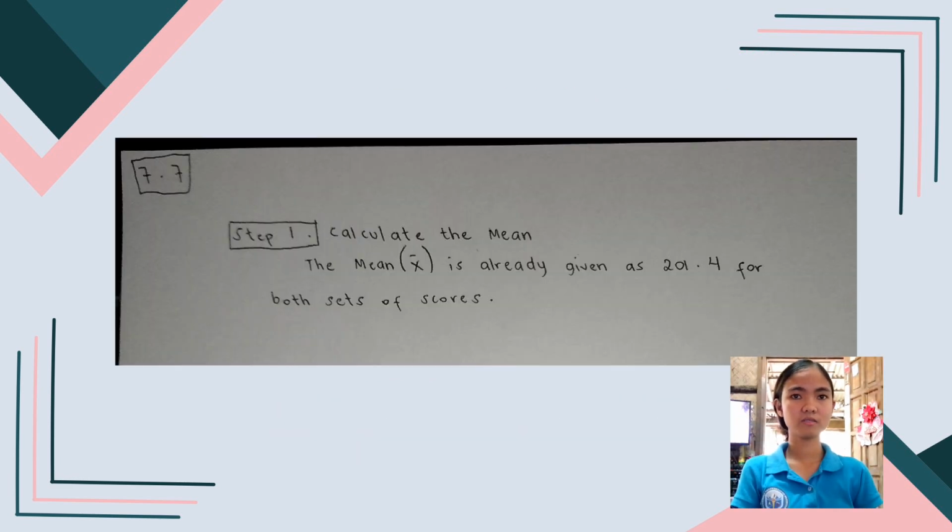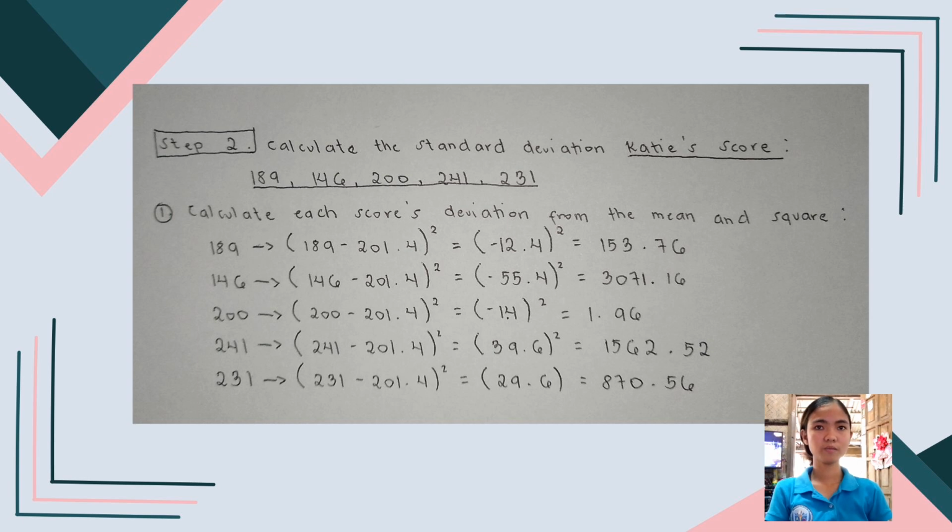So, here's step 1. Step 1, calculate the mean. The mean is already given as 201.4 for both sets of scores. So for step 2, calculate the standard deviation.